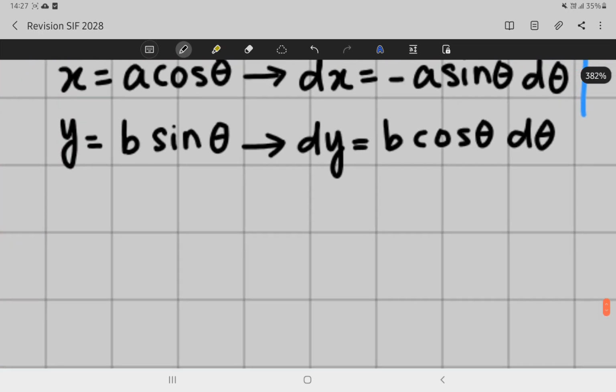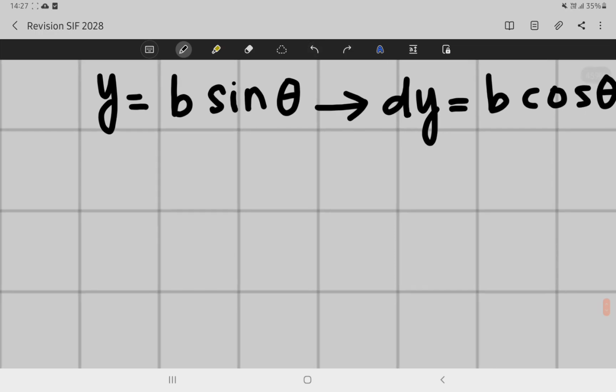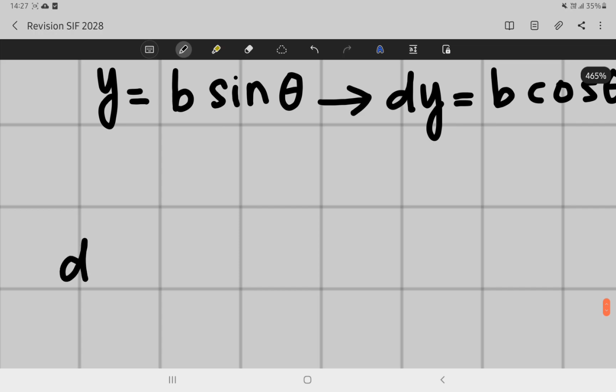Recall from our prior knowledge the arc length formula, which is the basic of calculus: ds equals the square root of dx squared plus dy squared.